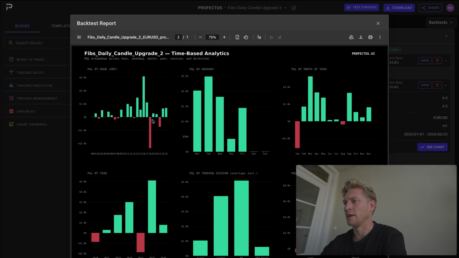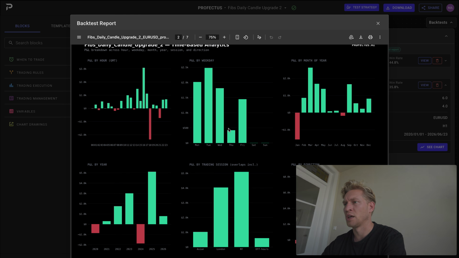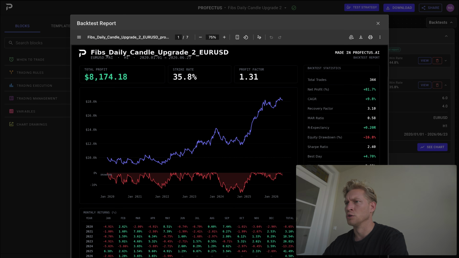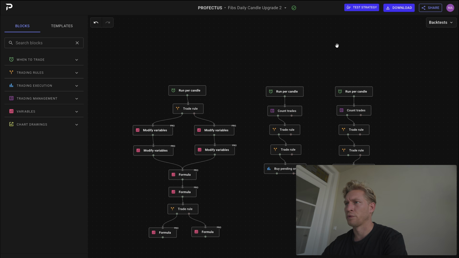So this is a quick insight on your strategy. Is every day profitable? Yes. Is every session profitable? Yes. Short positions are profitable, longs are not. So these are all little details you can already use to investigate, okay, how can I improve this particular trading plan? So how do you build something like this in Profectus AI?